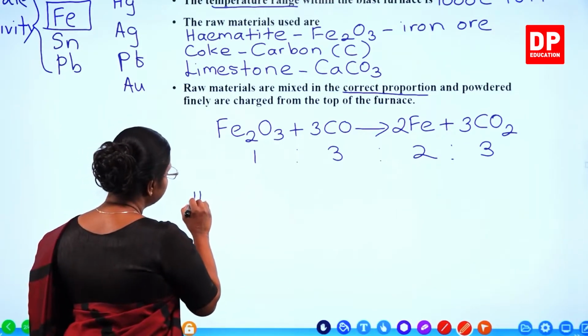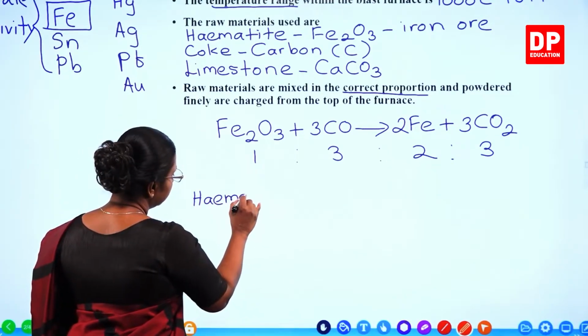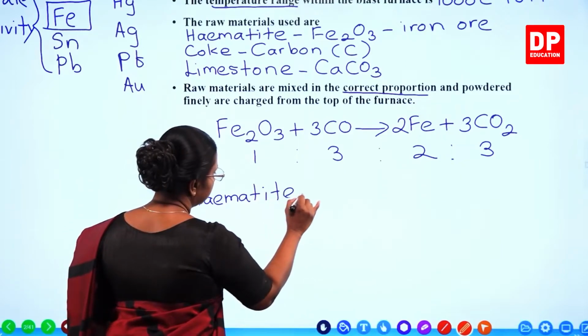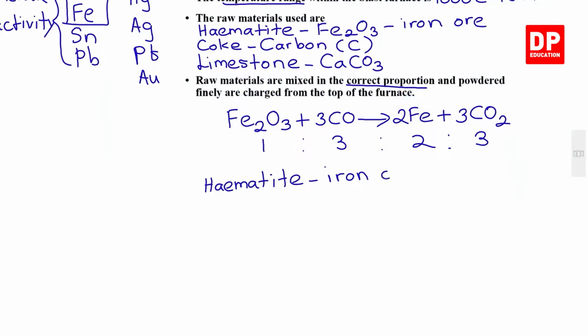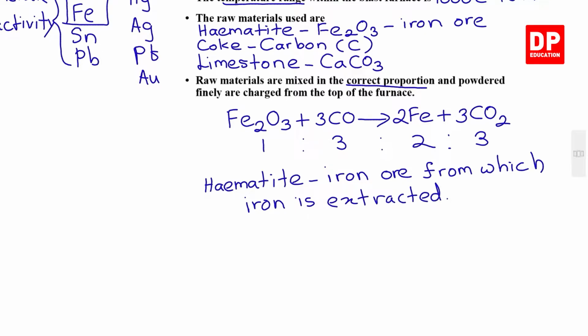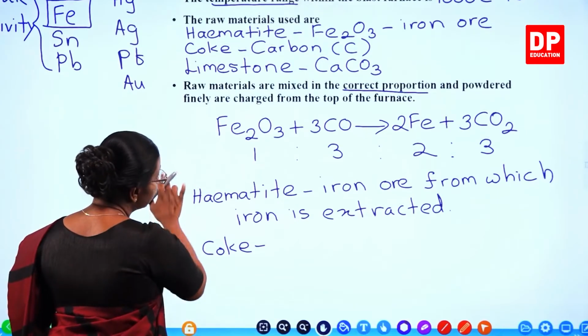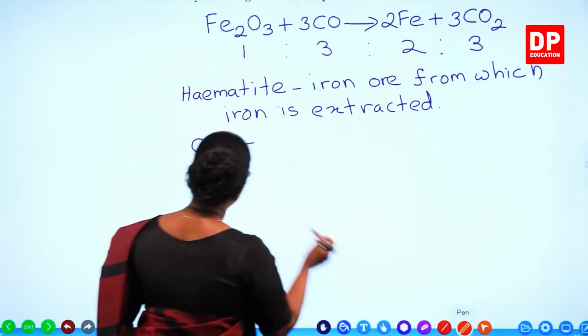Now, hematite is the iron ore from which iron is extracted. Then we have coke. Now, coke, it has two functions actually.